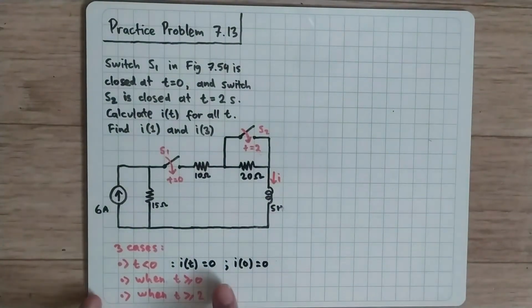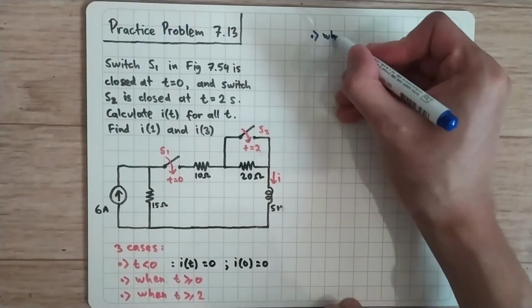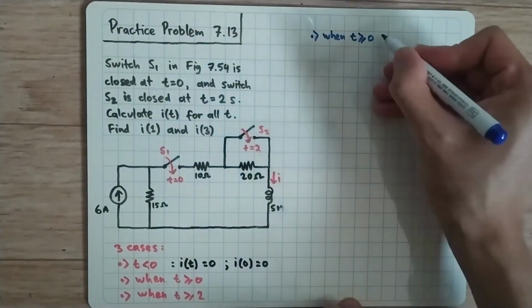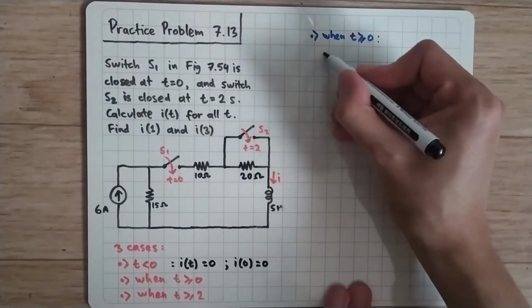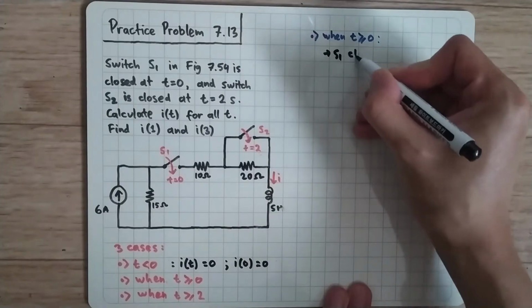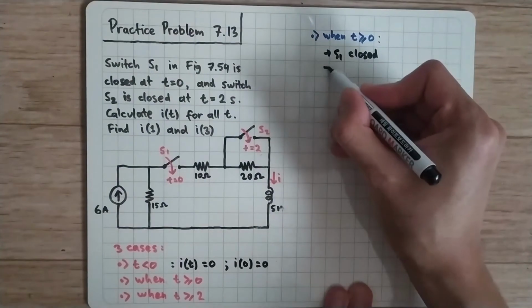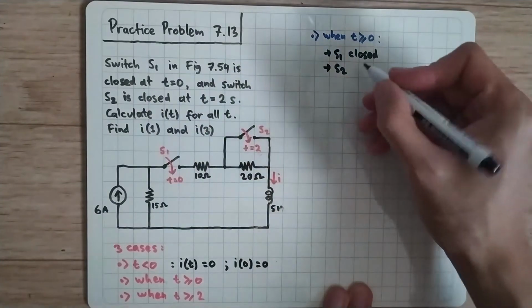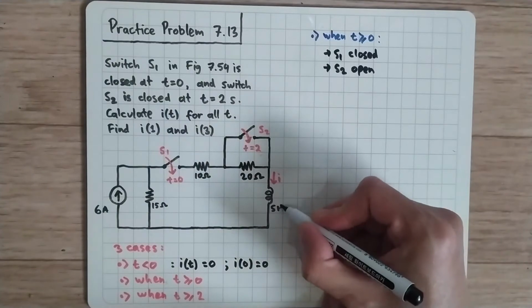Now let's see the second case, which is when t is greater than or equal to 0. Our condition is that S1 is closed, so we replace S1 with a short circuit, and S2 is open, and we need to charge this inductor with current.